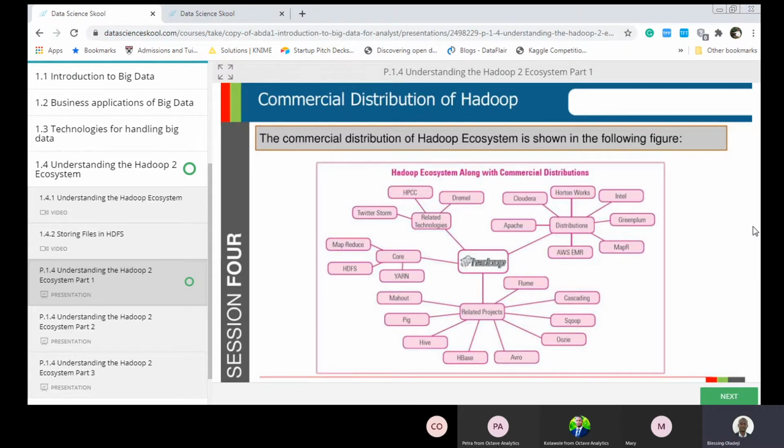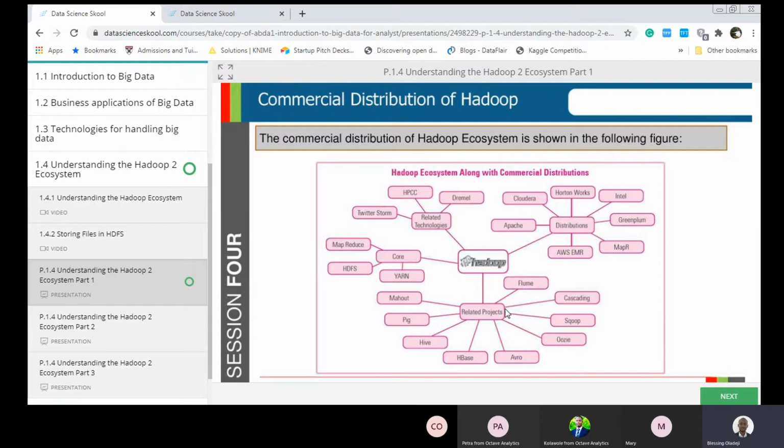These are different companies that have taken the Hadoop ecosystem, added some extra components on top of it, and then put it out there for people who want to make use of them. Those people only pay them for support, while the license is an open source license. But if Cloudera is going to be supporting you, then you need to pay for that support.